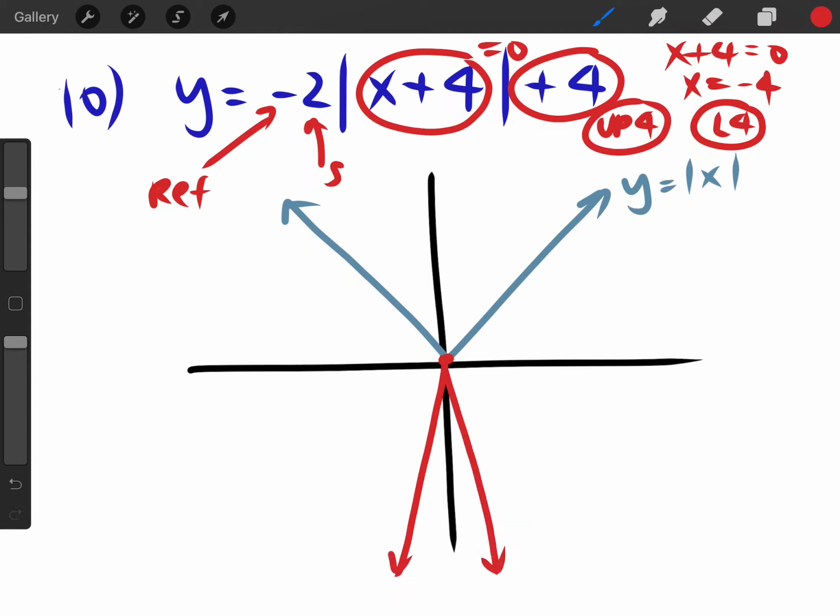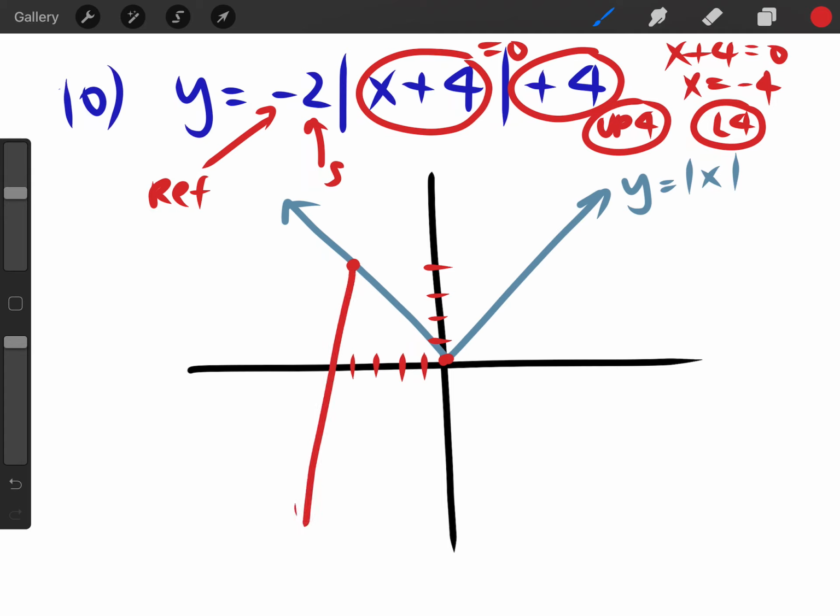Upside down, steep V. But it's going to go up by 4 units, left by 4 units. So 1, 2, 3, 4, and then 1, 2, 3, 4. This is going to be your highest point. Upside down V and steep. After I label this, I'm out.